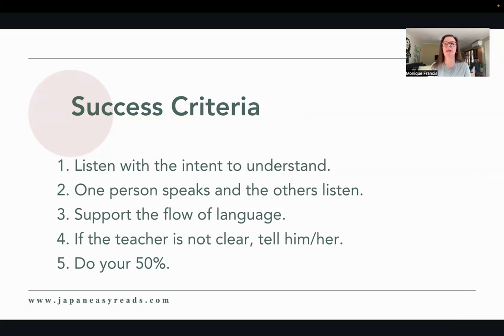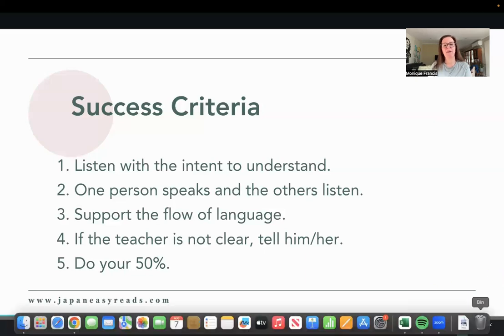We're not just sitting there separate from what's happening in the class, but we are listening with the intent to understand. That might mean tracking the speaker, following the flow of the conversation. It doesn't mean they have to say a lot, but they do need to listen with the intent to get meaning from that. Obviously, one person speaks while we all listen.